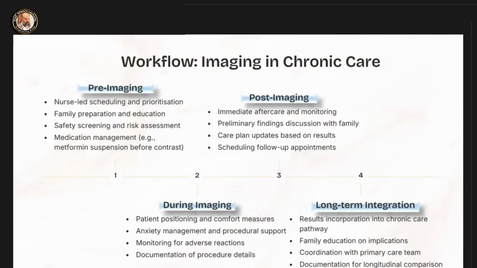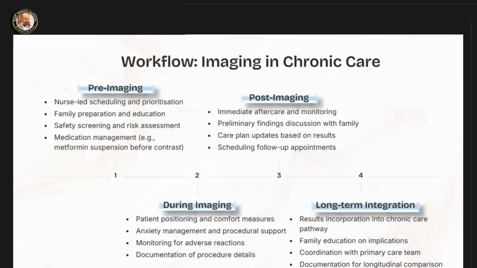The third step is post-imaging: immediate aftercare and monitoring, preliminary findings discussion with family, care plan update based on results, and scheduling follow-up appointments.